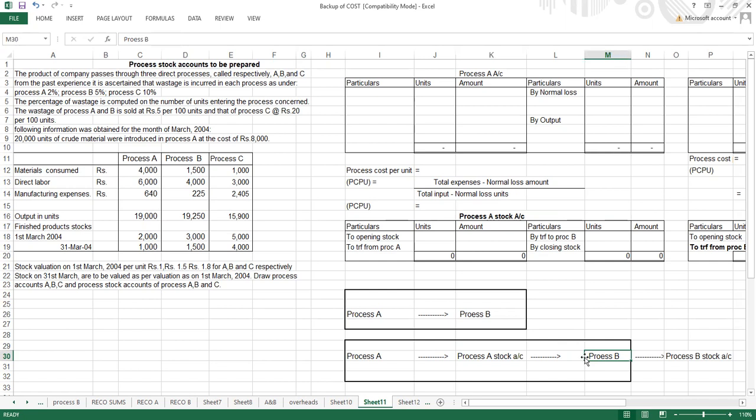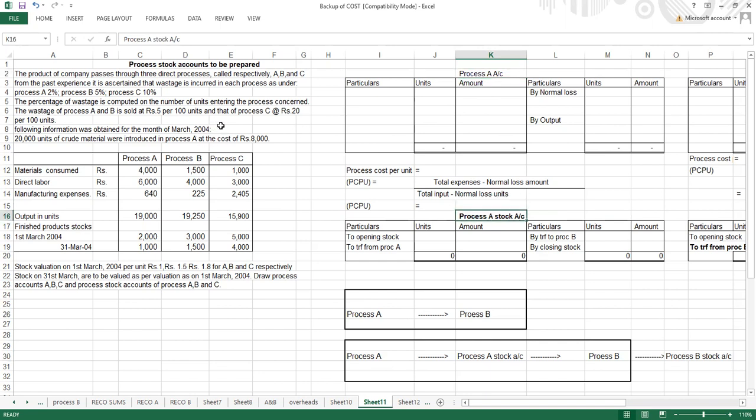So it may be possible that B's input capacity may be far lesser than the output capacity of process A. So we have prepared a separate account called process A stock account. Accordingly, B may be having its own process B stock account. Likewise, C may be having its own process C stock account. Clear? The format remains the same for process and as well as for process A stock account. Okay, so let us solve this sum.